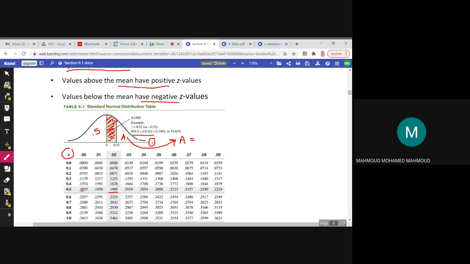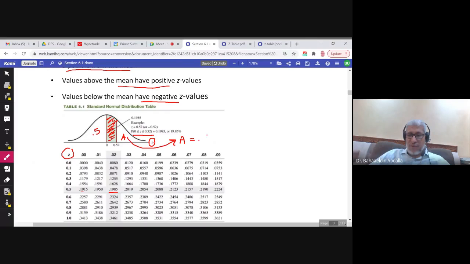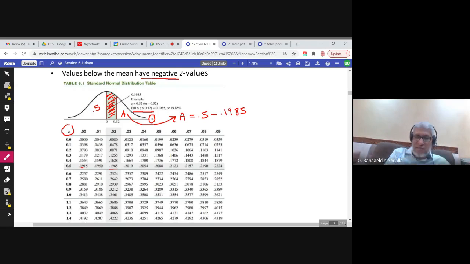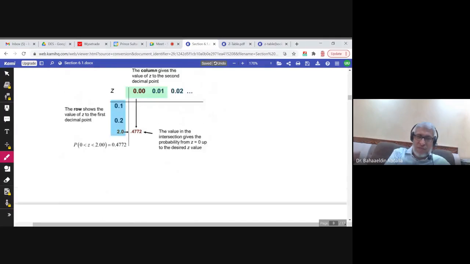A is 0.5 minus 0.1985. So you have different areas here, and you have to understand each one of them. This one is given by the table. If you need this one, it's 0.5 minus 0.1985. This one is 0.5. And we will now ask questions about different areas and how to find them using the table.